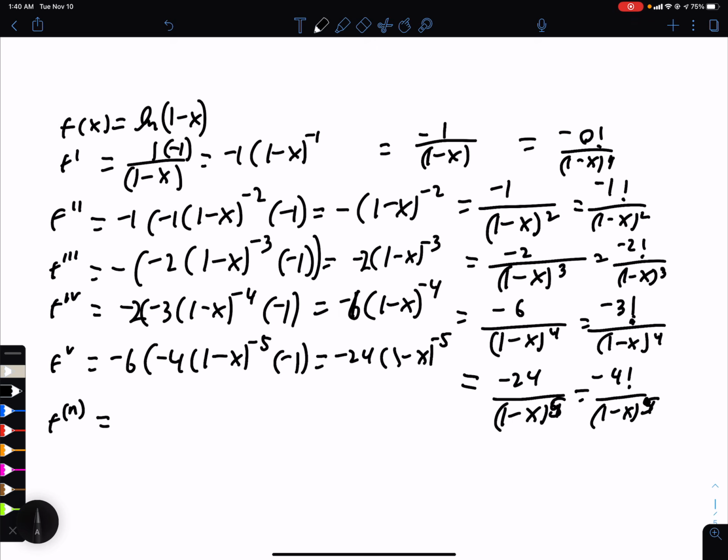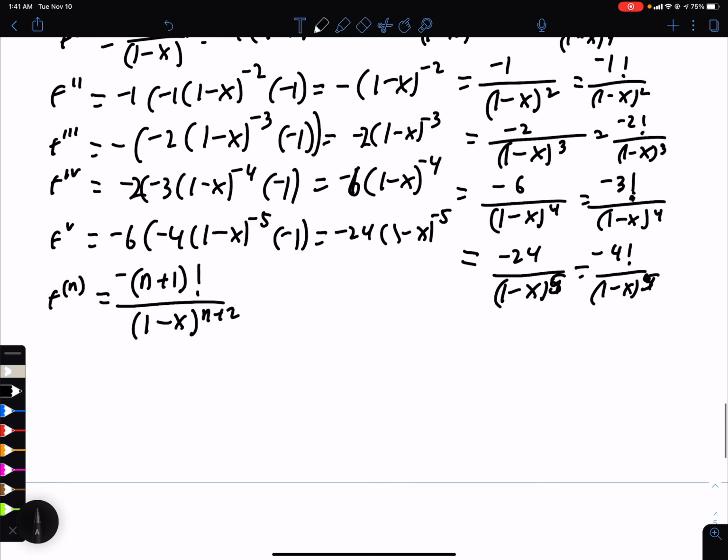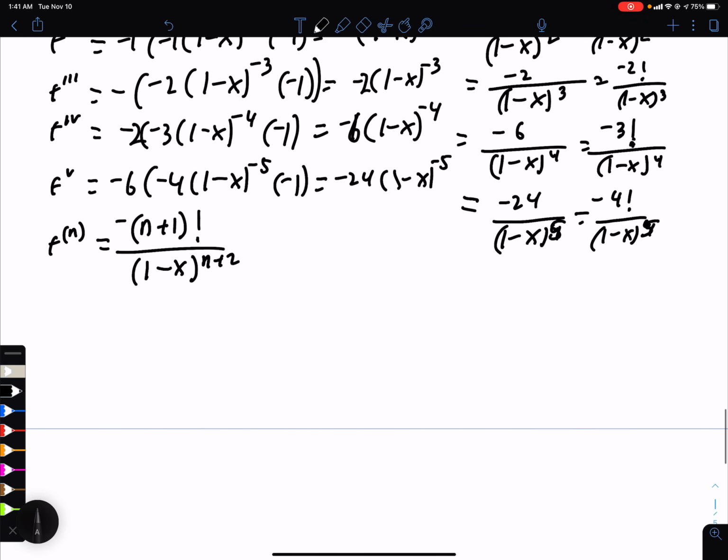It might be n plus 1 over n plus 2. Do I have this in the right order? I think I do. So the derivative is going to be negative n plus 1 factorial over 1 minus x to the n plus 2, which is kind of weird, but for the Lagrange error bound, we need the n plus 1 derivative.